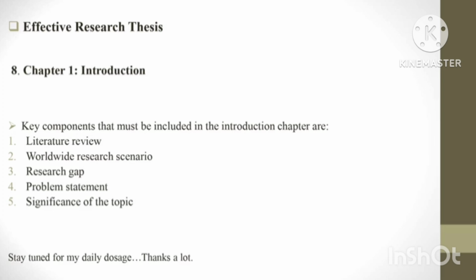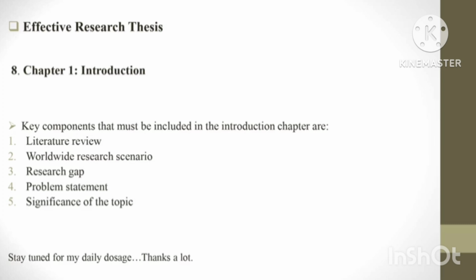As you must remember, I have taken this example in a few of my previous episodes also. Now let's discuss the first chapter. So in every project the first chapter must be introduction and review of literature.